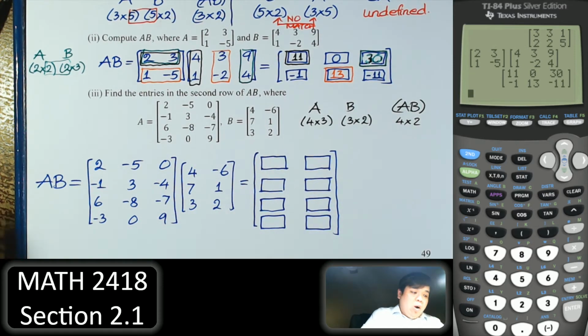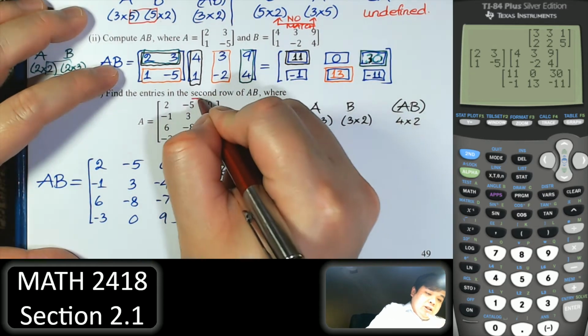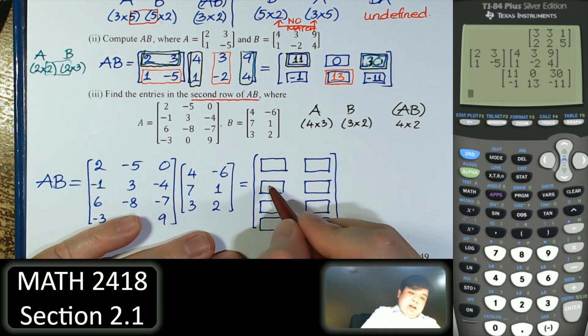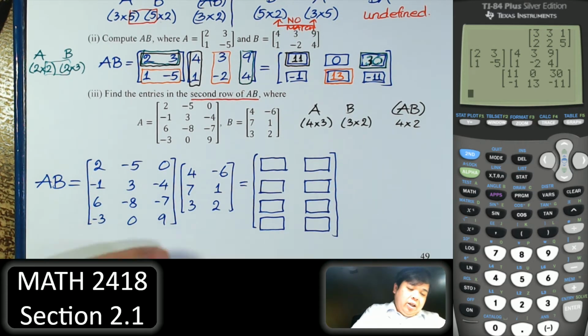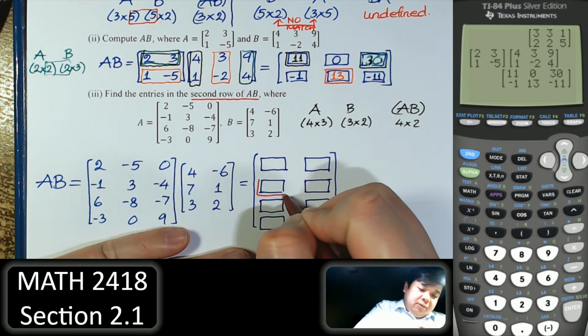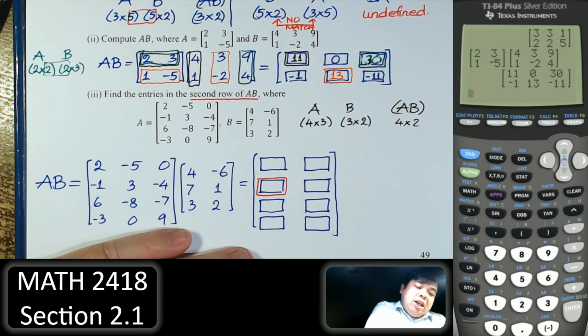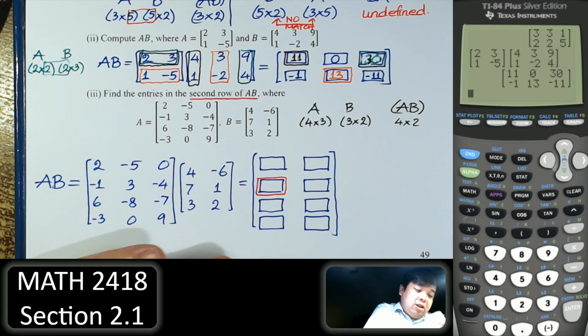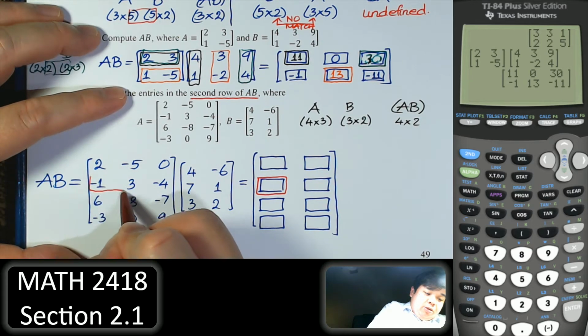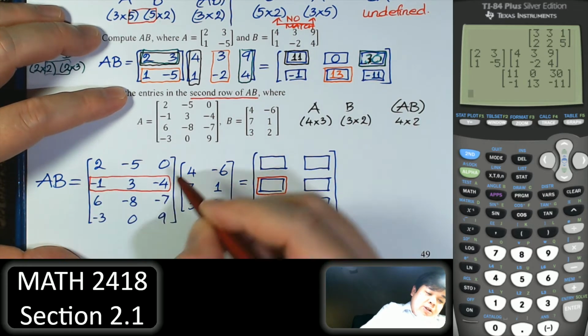In this question, they want the second row in the product. So we want these two entries. So first, to get this entry, this one on the second row, the first column. So second row and the first column.